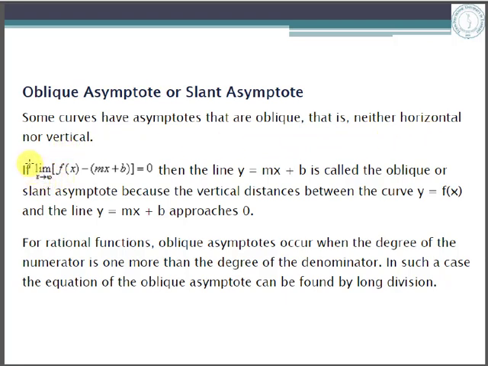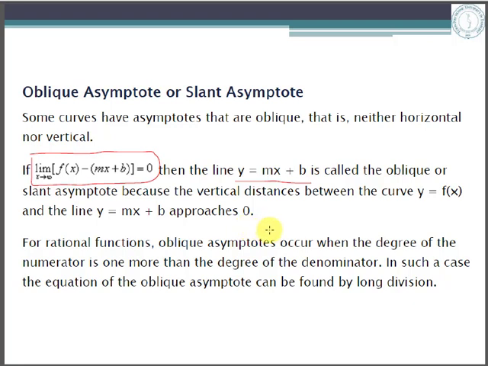If the limit as x tends to infinity of f of x minus (mx plus b) equals 0, then the line y equals mx plus b is called the oblique or slant asymptote, because the vertical distance between the curve f of x and the line y equals mx plus b approaches 0.